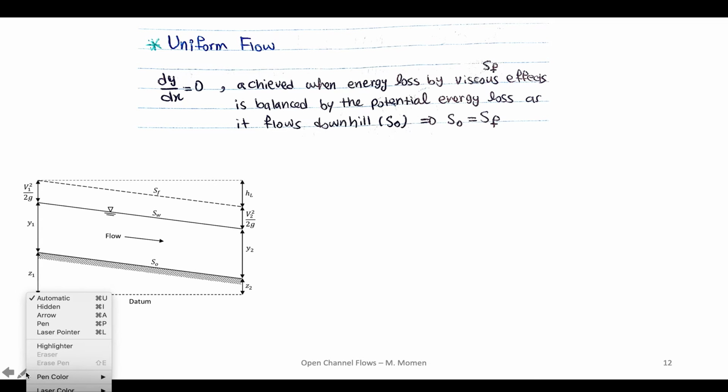As you can see, a uniform flow is defined as when the derivative of the depth with respect to x, so x is in this direction, and this is y, so the derivative of the depth of the flow in the x direction is 0.